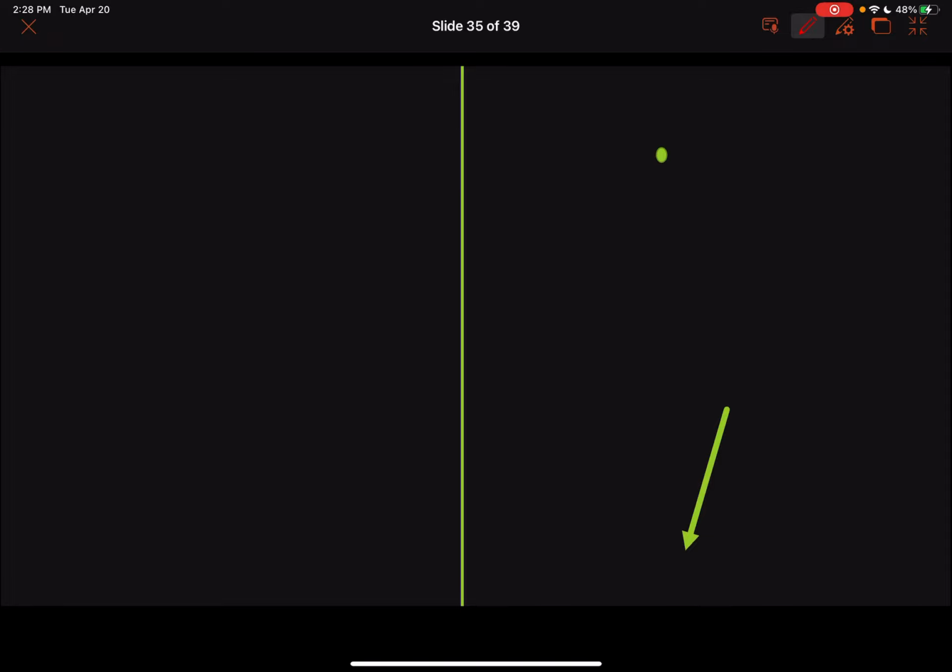I'm going to reflect these two dots. I'm just going to reflect the top and the bottom of the arrow across the line, and you'll see you get a pretty good reflection if you do that. So the first step to do our ray tracing is draw the image using a ruler and getting it perfectly mirrored across your mirror.